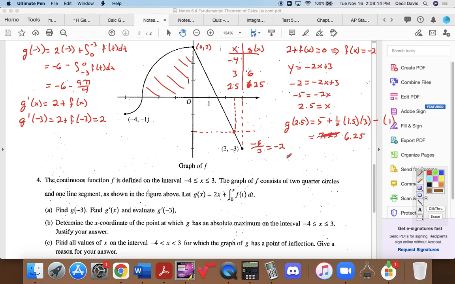And g of -4, we've already done a lot of the heavy lifting for that because g of -4 is going to be 2 times -4 plus this integral from 0 to -4. Well, we've already worked out the integral from 0 to -3 is -9 pi over 4.